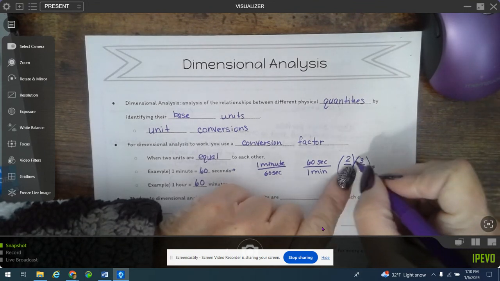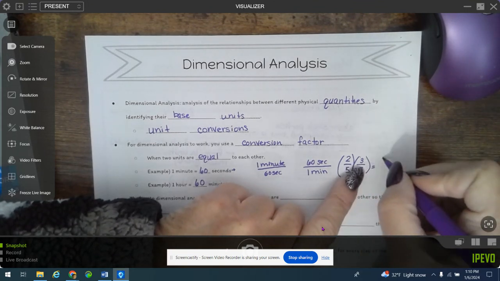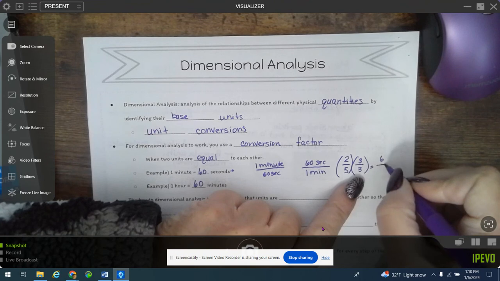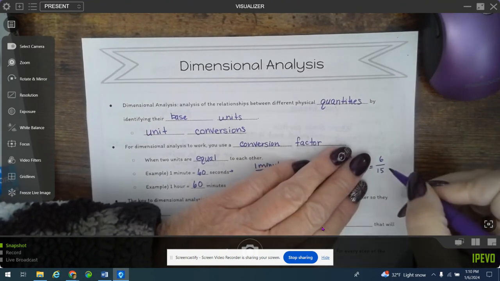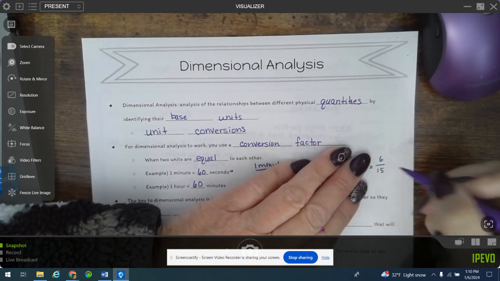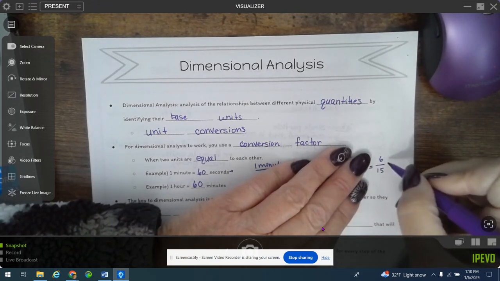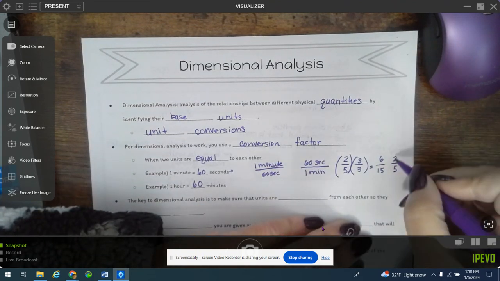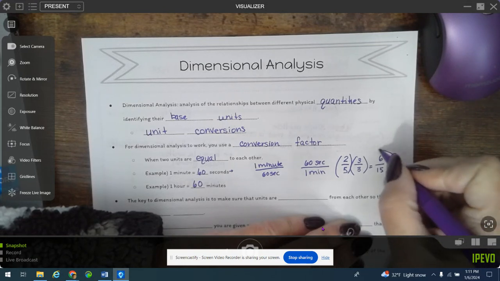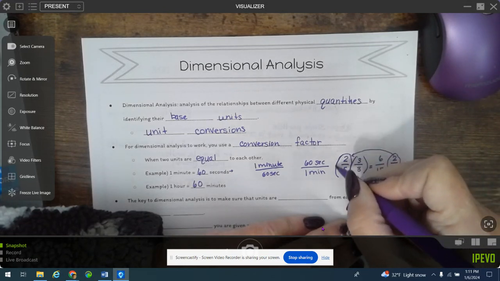I'm going to show you, if I do the math, 2 times 3 is 6, 5 times 3 is 15. Now if you simplify this, what do you get? Again, you're going to divide by 3. So 6 over 15 can be simplified to 2 over 5, which is the number that we started with.